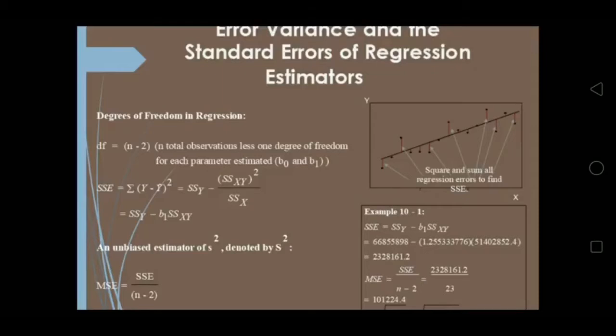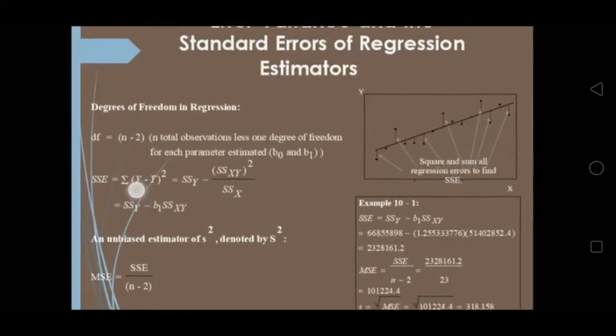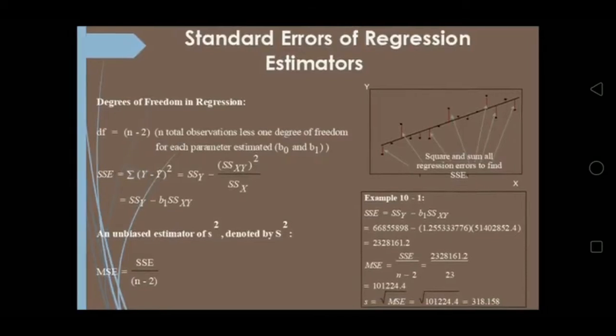SSE = sum of (y minus y hat) squared = SSY minus (SSXY) squared per SSX = SSY minus b1 times SSXY. An unbiased estimator of sigma squared is denoted by S squared, where S squared = SSE per n minus 2.